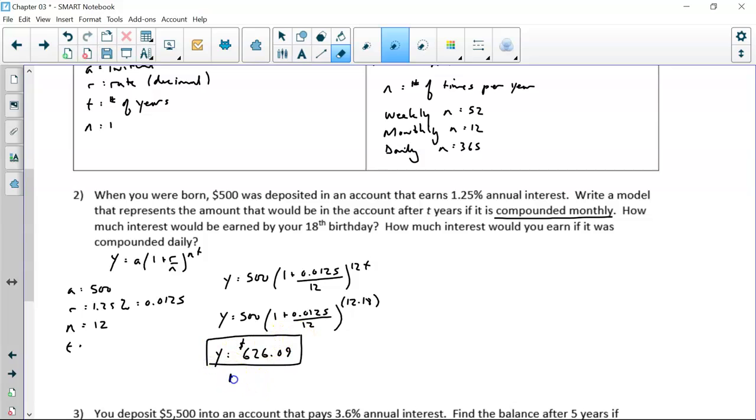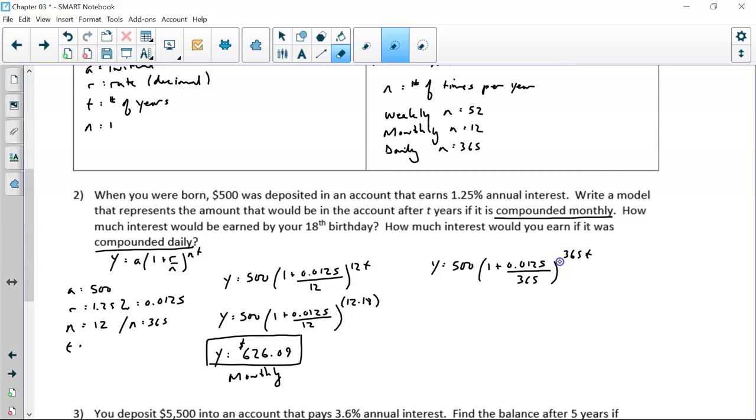And that's for the monthly. Now, for the second part, it says, how much would it be if you compounded daily? Now, let's see how much of a difference. So that would be n equals 365. So y equals 500 times 1 plus 0.0125 divided by 365, all being raised to 365 times t.